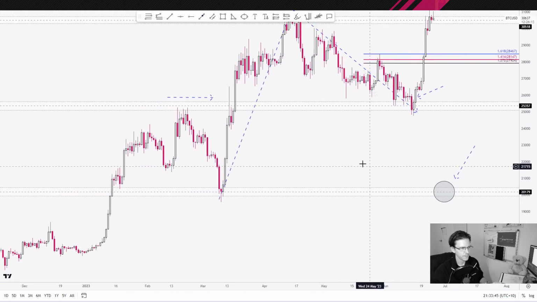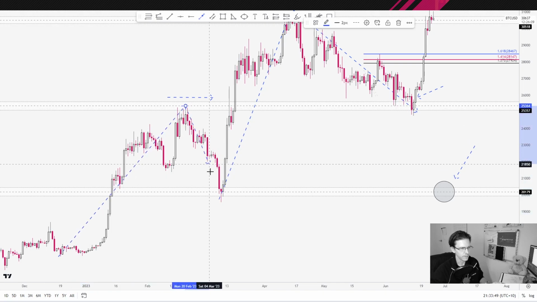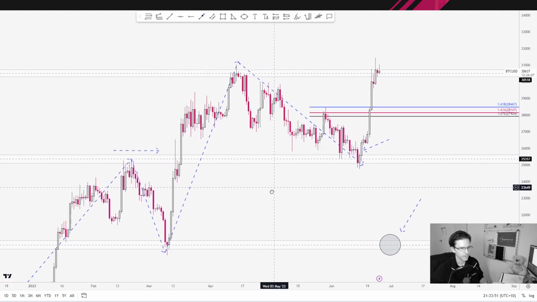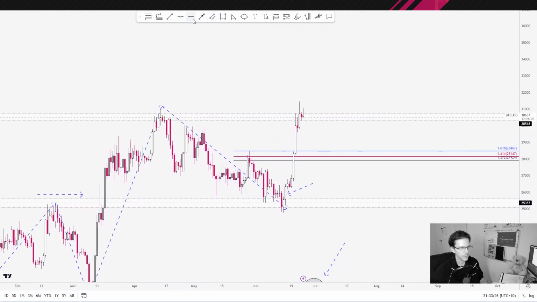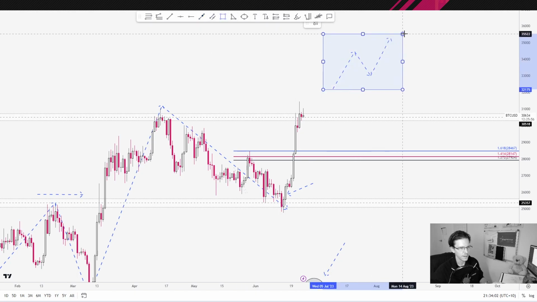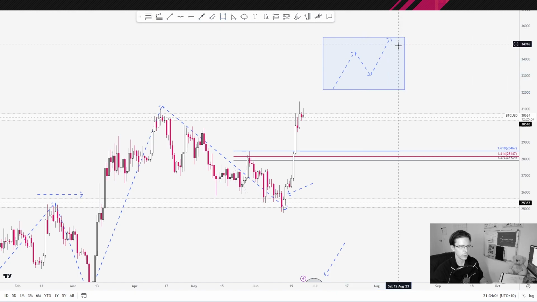Now keep in mind that prior to this move, we had to move up like this, like that. Reason why I want to draw it like that is as soon as you have this move, okay? As soon as you have this move right here, this is what we would call a bullish trend.